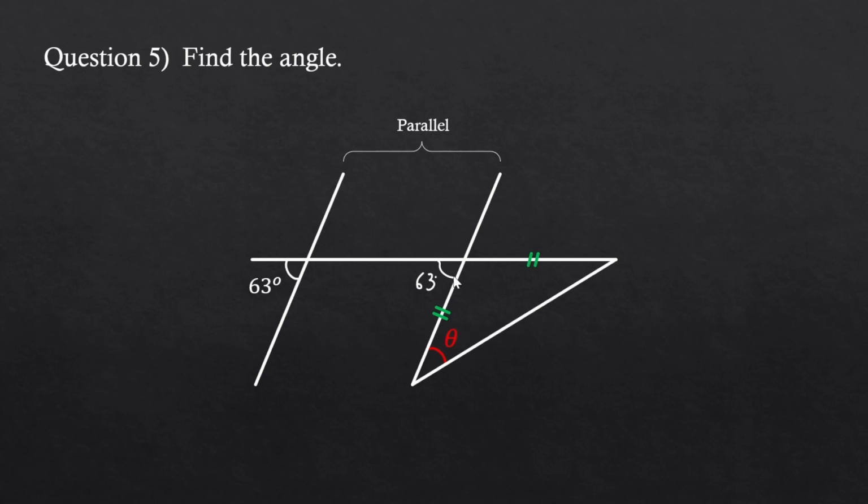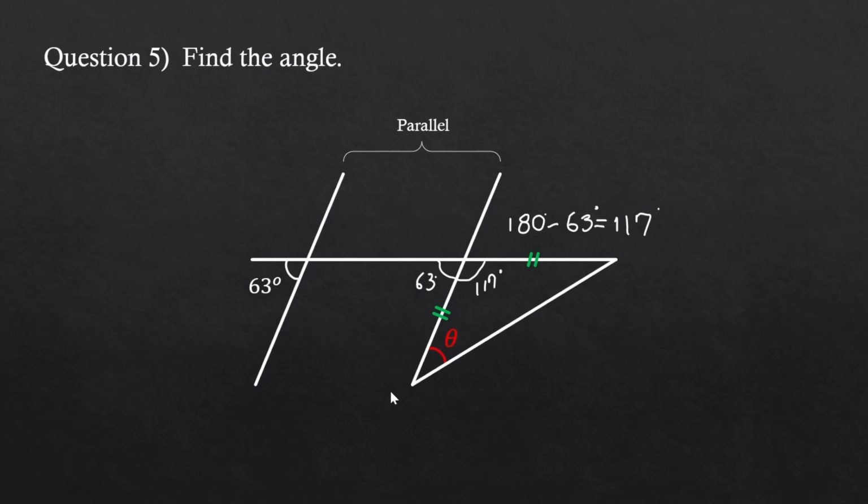What should be this angle? 180 degrees, which is a straight line, minus one side is, the outside is 63 degrees, so the inside, the other side, should be 117 degrees. Does this make sense? So this is 117 degrees.